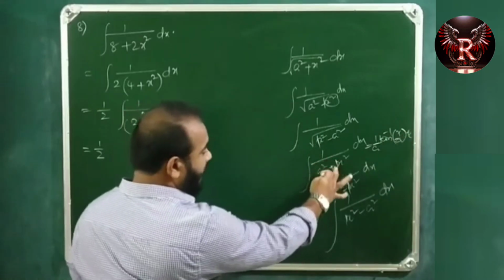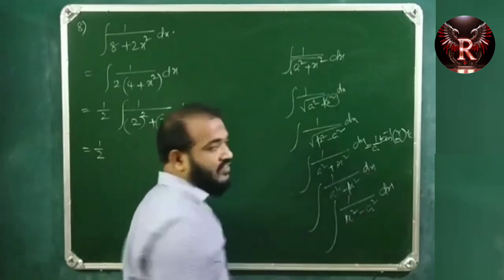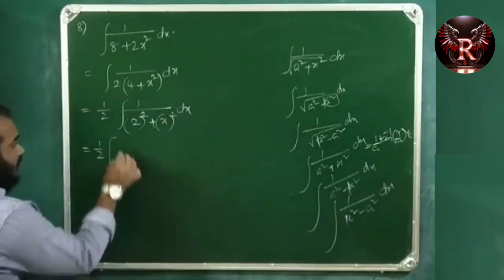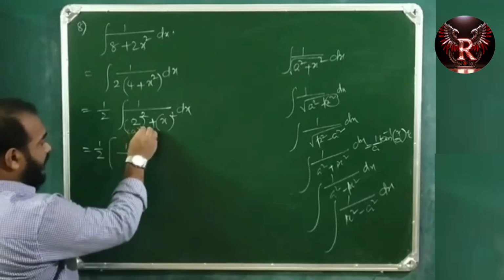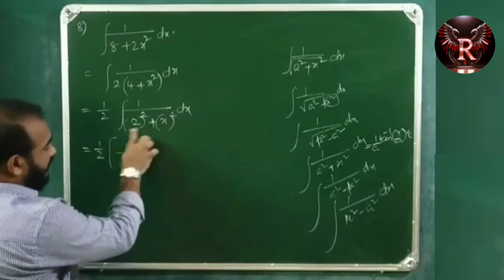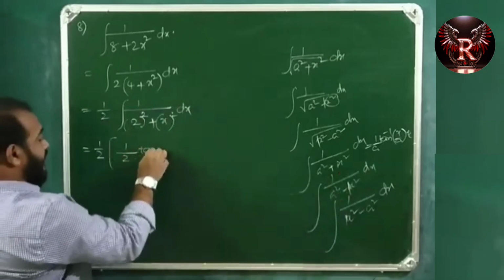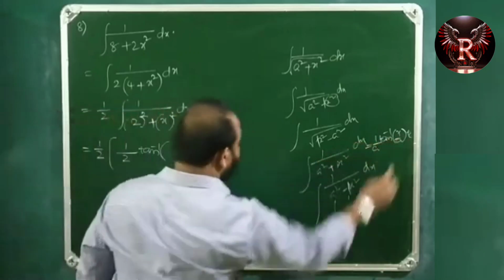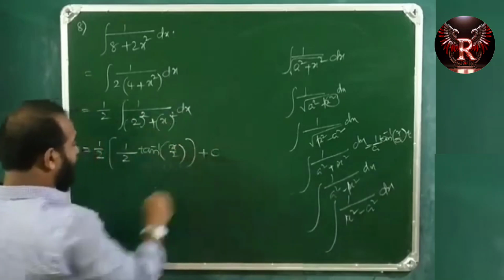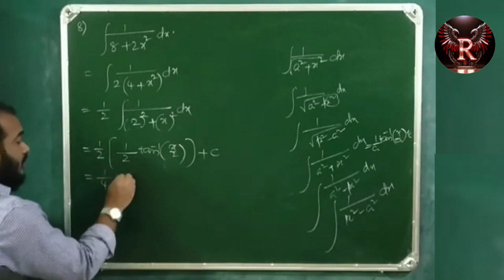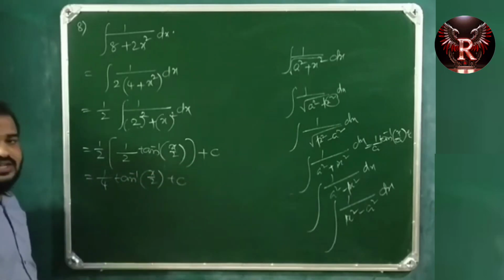We know the formula: integral 1 by a square plus x square dx is 1 by a tan inverse x by a plus c. So in the place of a you see 2. So 1 by 2 tan inverse x by 2 plus constant of integration c. This is 1 by 4 tan inverse x by 2 plus constant of integration c.